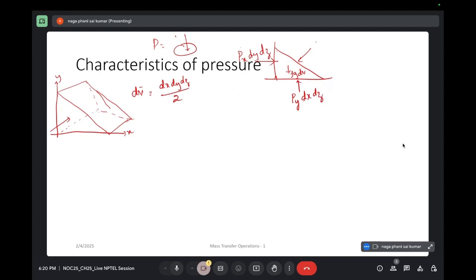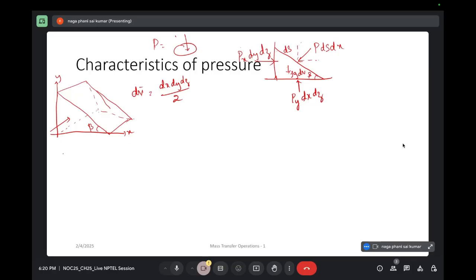Similarly here it will be p into ds into dz. Let's say this is side ds, and let's say this is making an angle of beta. Let's resolve the components. This can have a vertical component and also a horizontal component, right?